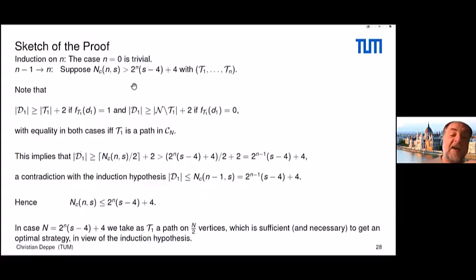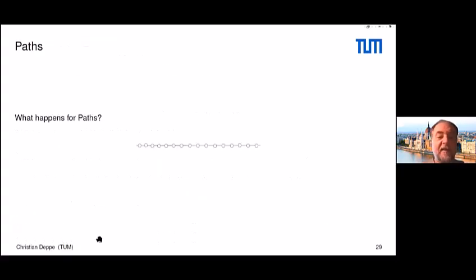And therefore, it is proven that n equals 2 to the n times S minus 4 plus 4 is the best strategy. So that's the idea in principle of how to prove the converse. It's not a big deal for cycles. So next, let's look at paths.